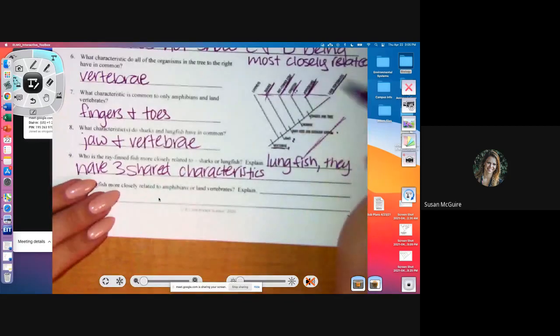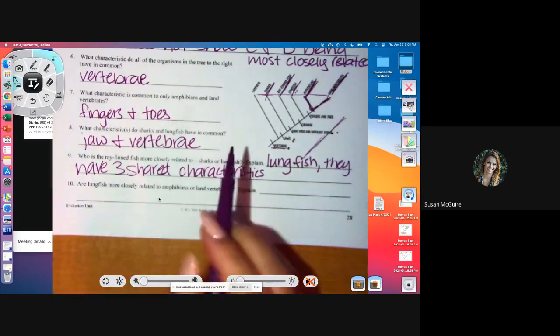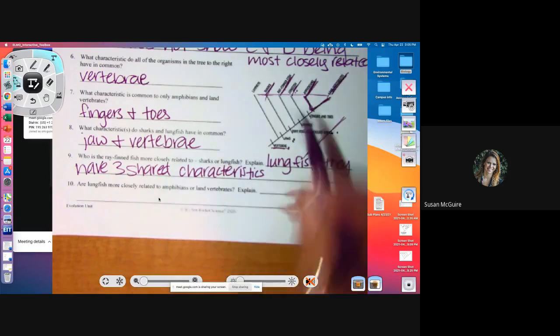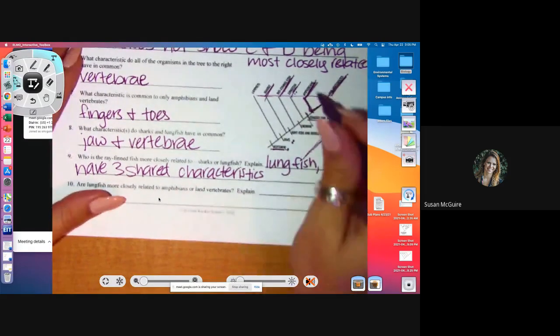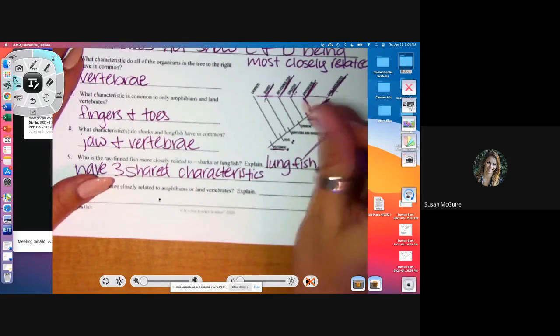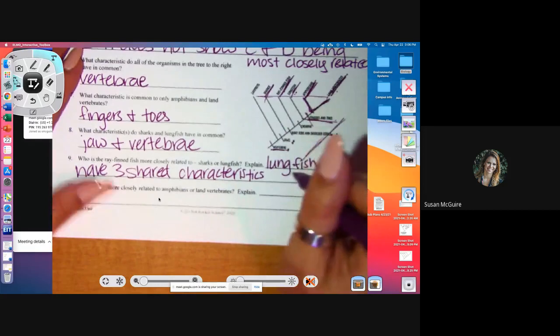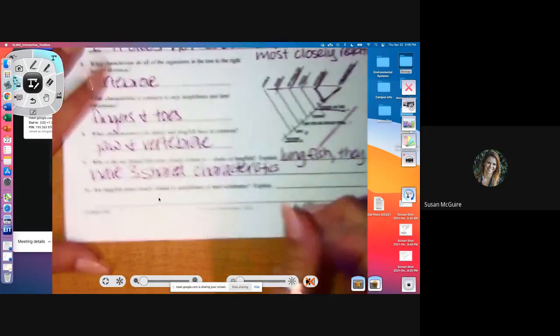Amphibians and land vertebrates. Both. They're equally related, because amphibians and land vertebrates have the same exact characteristics. Yes. Miss, we only got 2 minutes. And that was the last one.